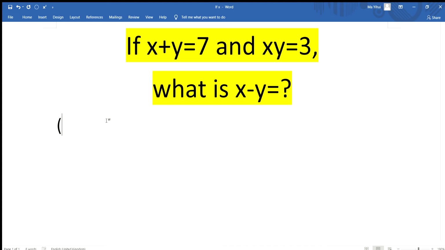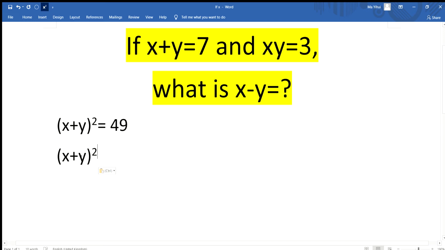What I'm going to do here is square x plus y. That's going to give me 49, because x plus y is 7 and 7 squared is equal to 49. And I'm going to break this down.